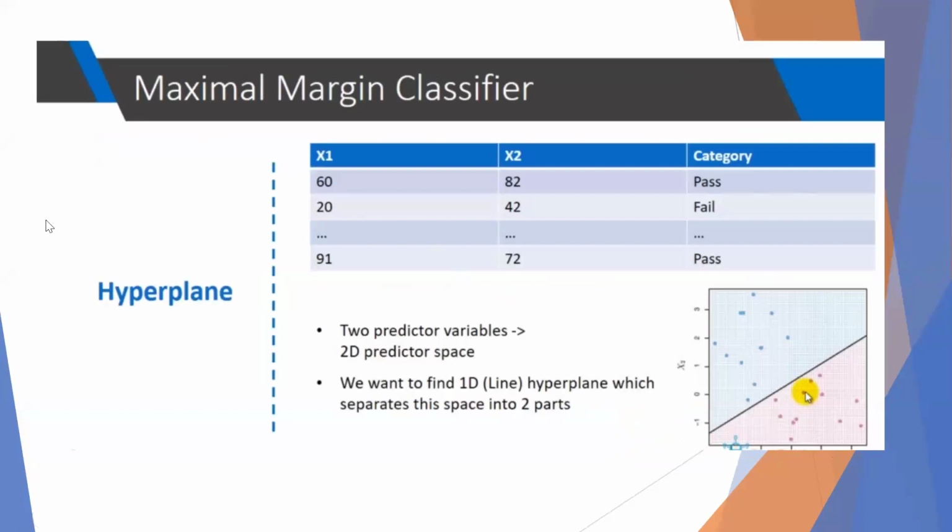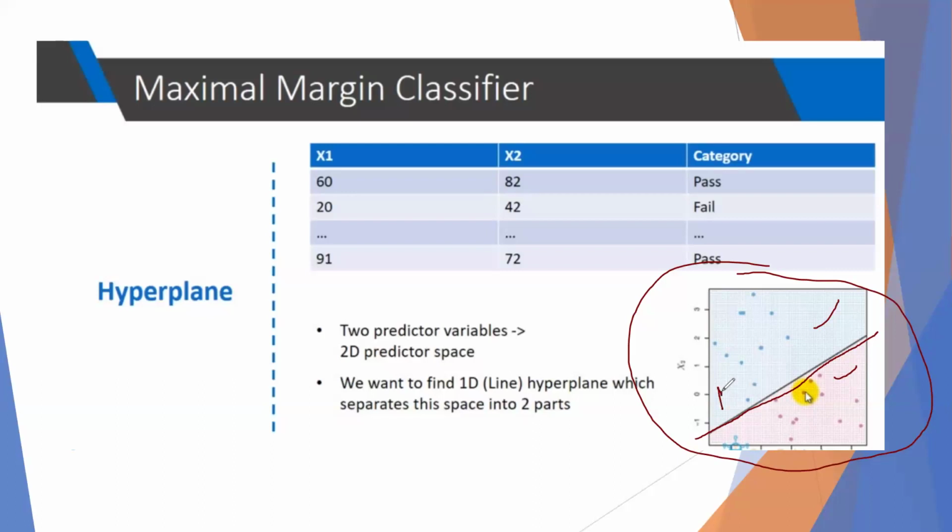For example, see this. This is the support vector that is able to linearly divide these points into two halves. This is one half, this is the second half. If a point lies in this region, we call it one category. If a point lies in this, we call it the second category.